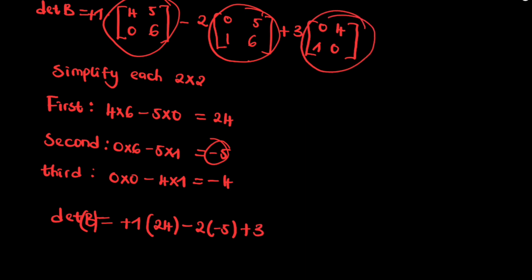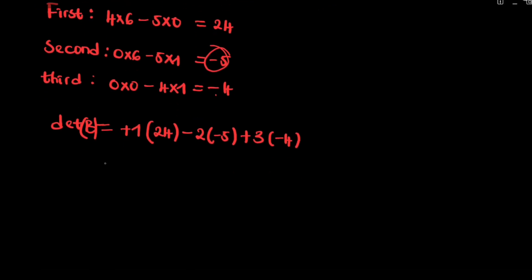Then we had this, it gave us minus 4. So this gives us 24 plus 10 minus 12. So all this gives 22. So the determinant of this 3 by 3 matrix is 22.